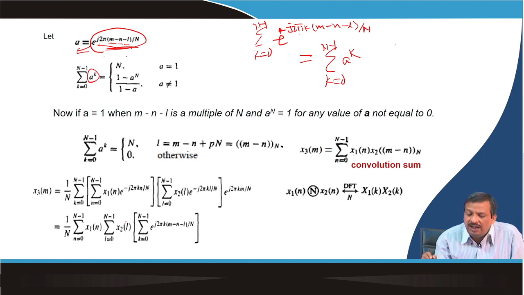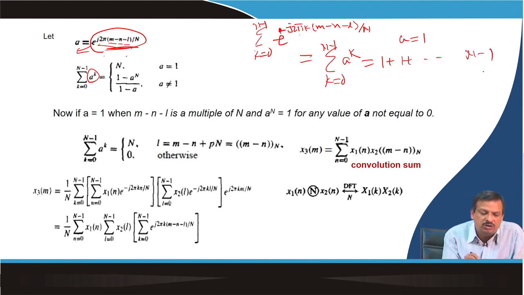So, if a equal to 1, then it is nothing but 1 plus 1 plus 1 plus up to n minus 1, which is nothing but n. But if a is not equal to 1, then that is a geometric series. So, it is 1 minus a to the power n divided by 1 minus a.